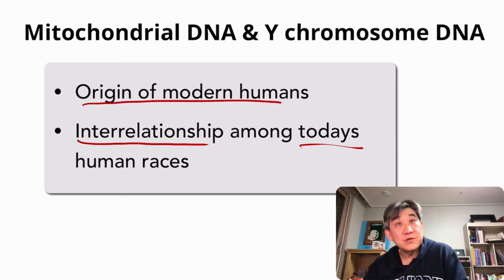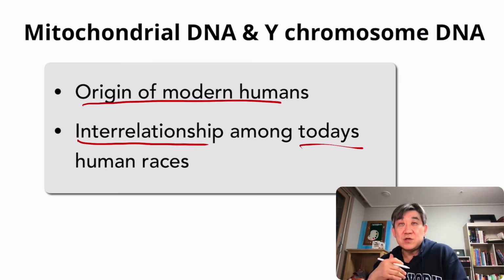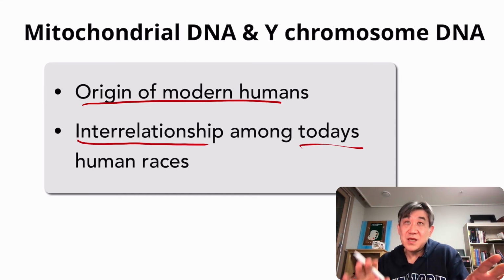Also, even today's racial relationships. For example, as Koreans, are we more related to Mongolians, or more related to the Japanese? That can be done by DNA sequence comparison, in particular mitochondrial as well as Y chromosome DNA. Why?